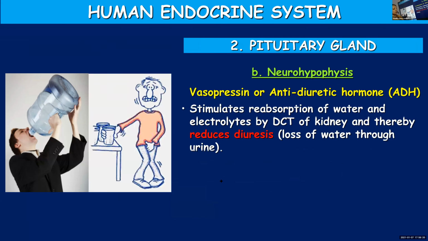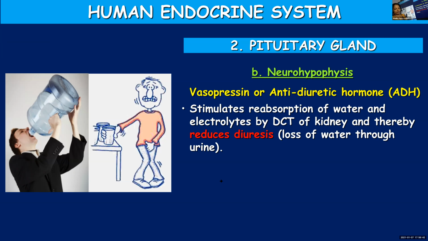Next one is vasopressin. Storage of oxytocin and vasopressin takes place in the neurohypophysis, and vasopressin is also known as ADH, or antidiuretic hormone. The term came from the word diuresis. Diuresis means loss of water through urine.